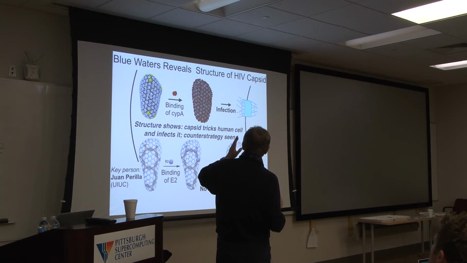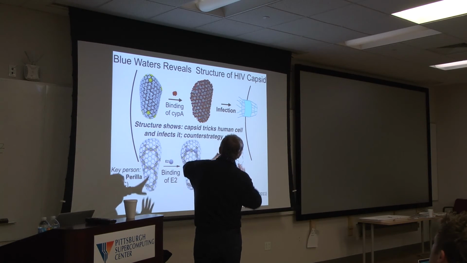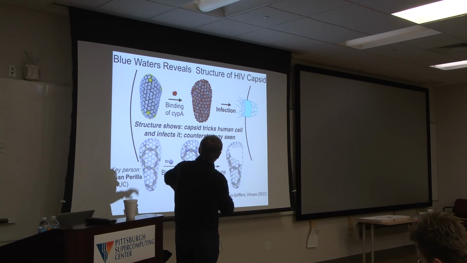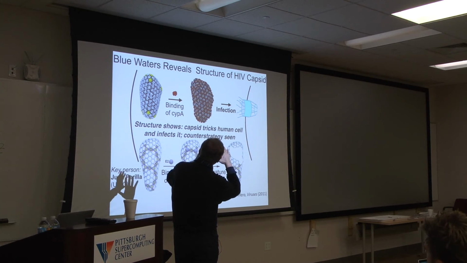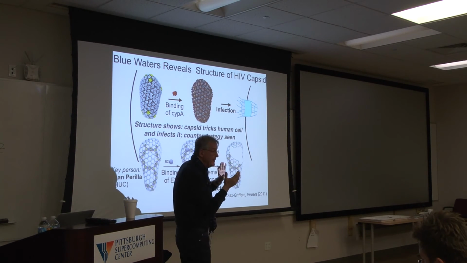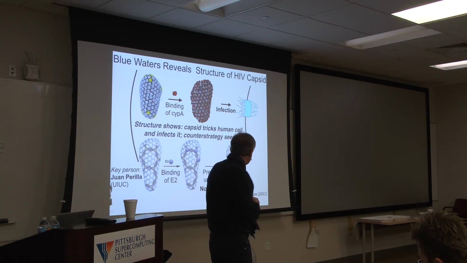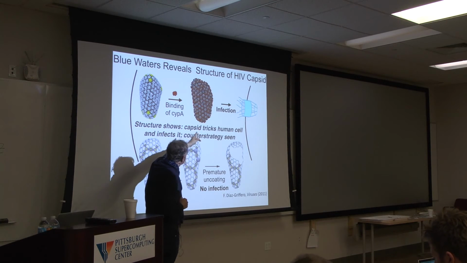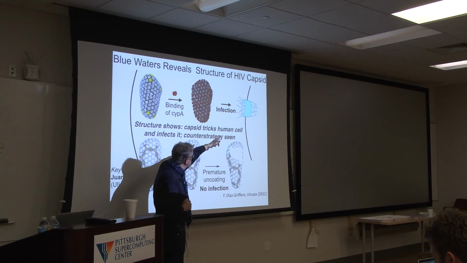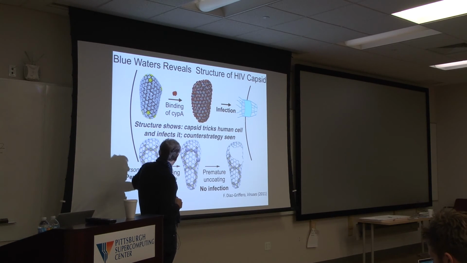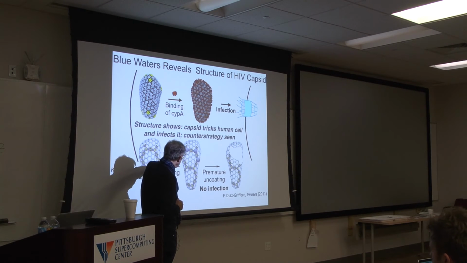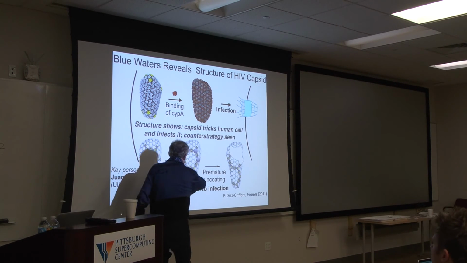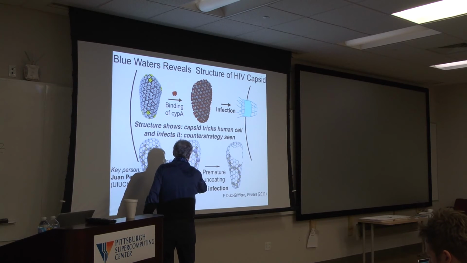And now the red cyclophilins are put onto the capsid in a pattern that is very regular. The reason is that the cell tries to cut the capsid open before it reaches the nucleus, and it uses a protein enzyme system called E2 that tries to cut a figure 8 out of it.